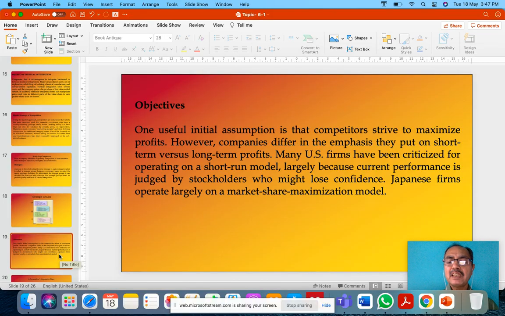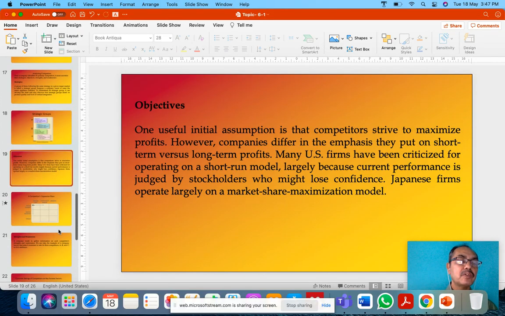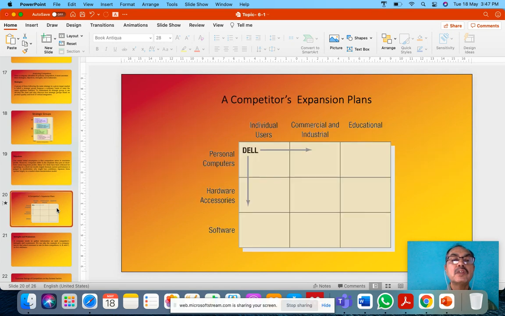But US companies used to focus on profit maximization in the short term. They want to build up the confidence of the shareholders, because they have invested the money, and if they are not satisfied, they can pull their money back. And we can also understand the objectives of the company based on the expansion plans.